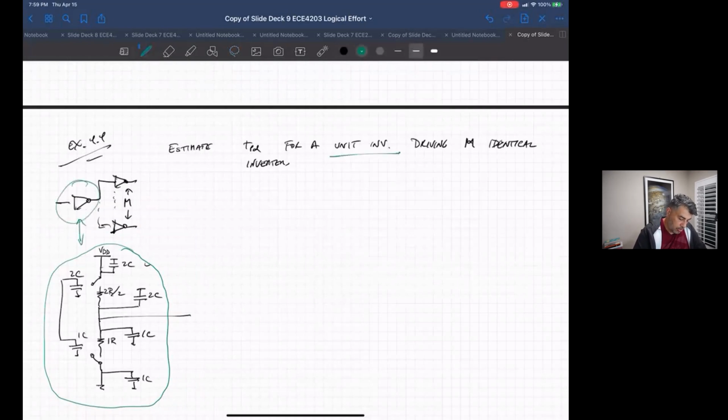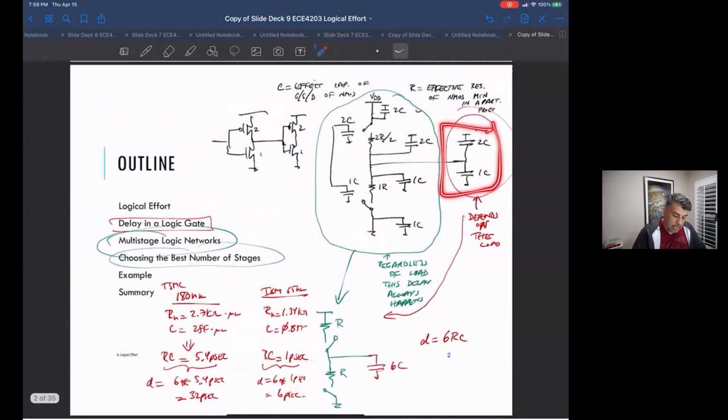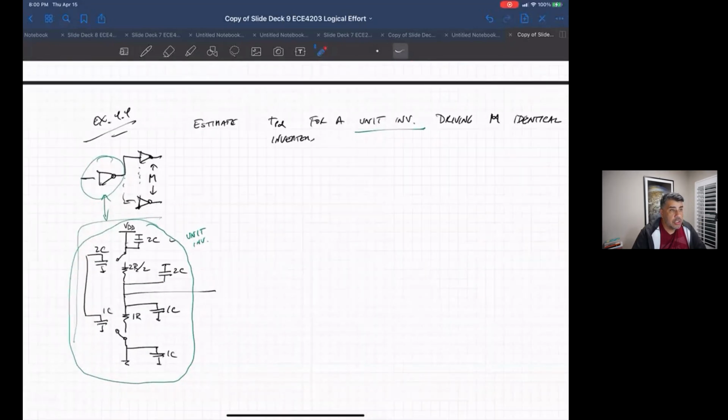It's a unit inverter model. So we're going to have this guy drive M identical guys like itself. Here it was just one, now we want to do M times more. So come up with the delay equation. Why don't you guys try to take a crack at this and see what it looks like.